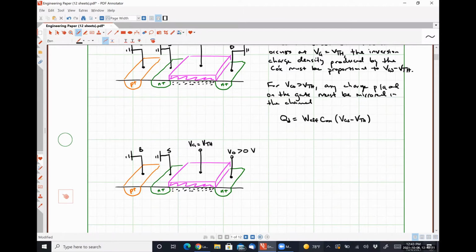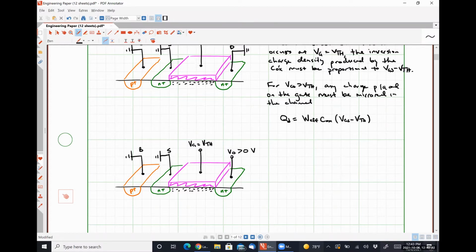So what do you think is going to happen? Any thoughts? So current will flow. Yeah, but what's that going to look like internal to the MOSFET?